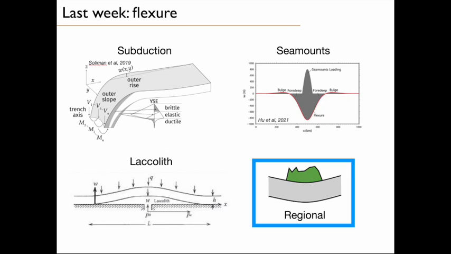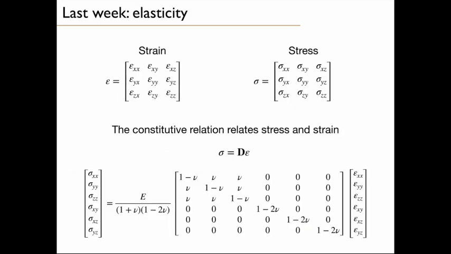On the way to this, we have studied the relationship between strain and stress in a small strain elasticity framework. So we've defined the infinitesimal strain tensor, the stress tensor, as well as the constitutive relation that links the stress to the strain.